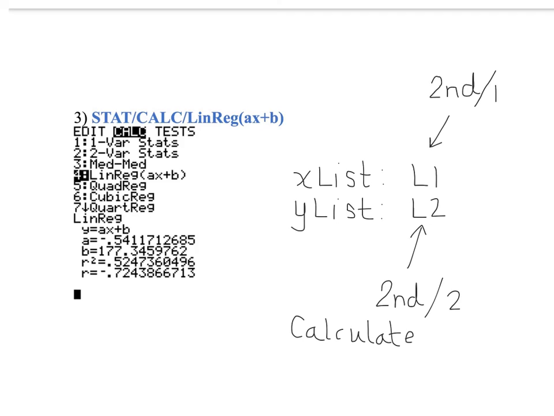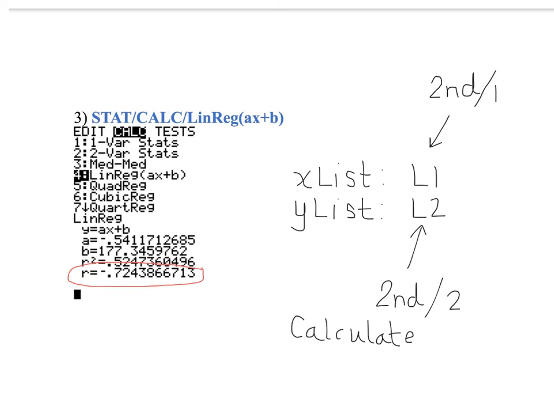But in this case, what we're interested in isn't the linear regression equation. We're interested in the value of the correlation coefficient. That's this guy right here. So that's a moderately strong negative linear relationship between these two variables, whatever they represent.